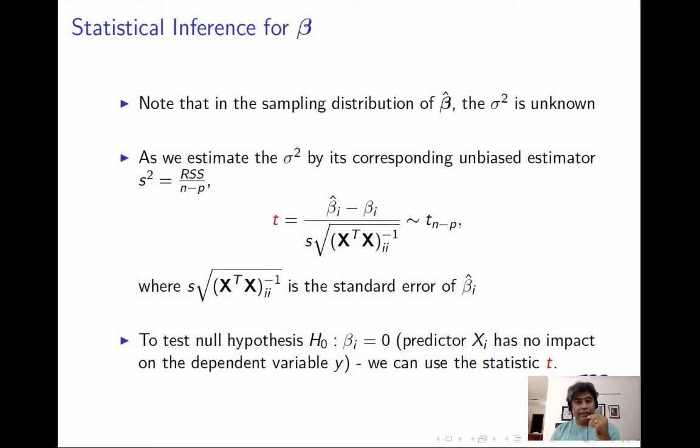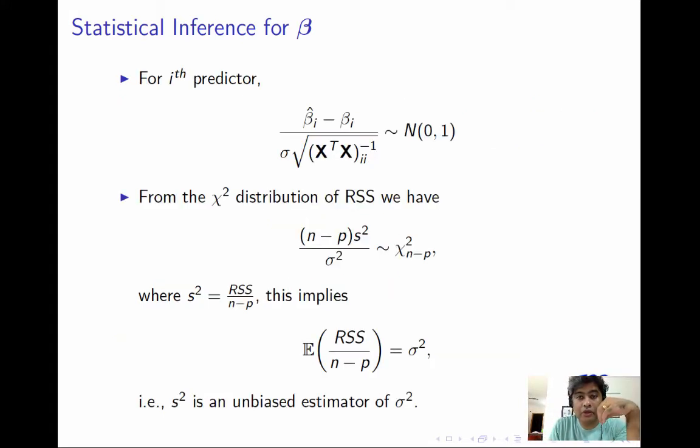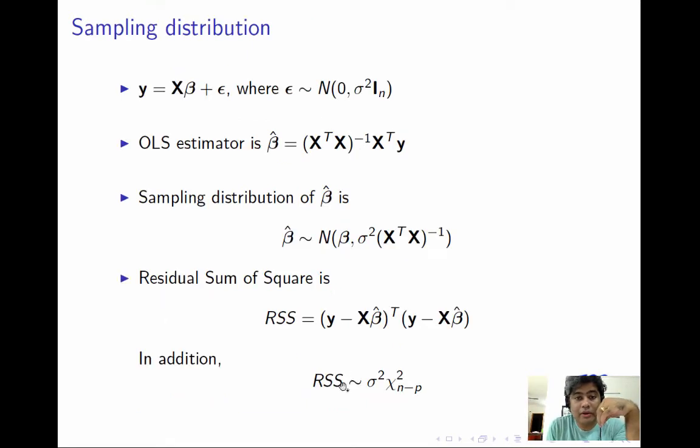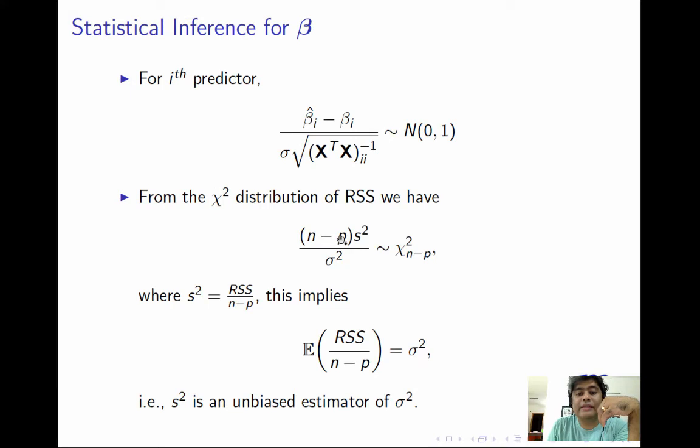Note that in the sampling distribution of beta hat, sigma square is unknown. So if you want to do anything about beta, you have to know sigma square. Unless you know the value of sigma square, you can't say anything about this beta. So you have to estimate sigma square.